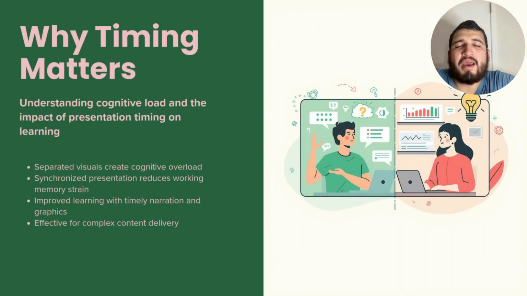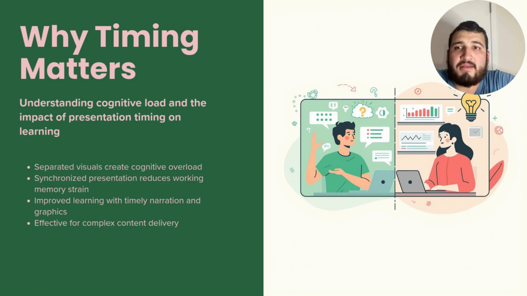So let's talk about why it matters. If you separate narration and the visuals in a presentation, learners must hold all the information in their working memory until the visuals appear, or vice versa. This can be very overwhelming for some of our students or our audience, and it makes learning less effective.